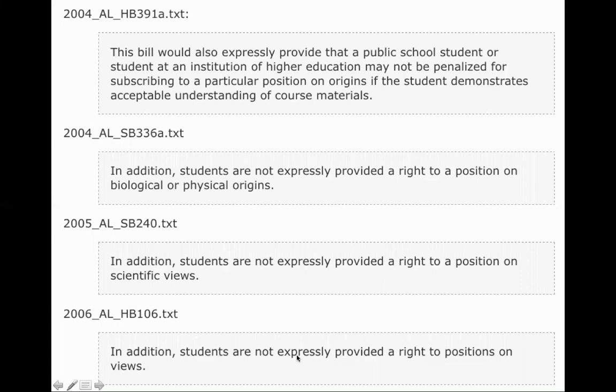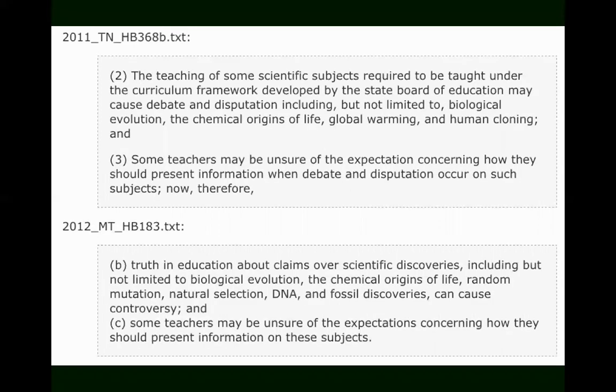In 2006, they say students are not expressly provided a right to positions on views. So they're trying to water it down to avoid court scrutiny, right? But if you look at the history, you can see what they originally meant, and they're trying to hang on to it while avoiding saying anything too specific that could get them challenged in court.